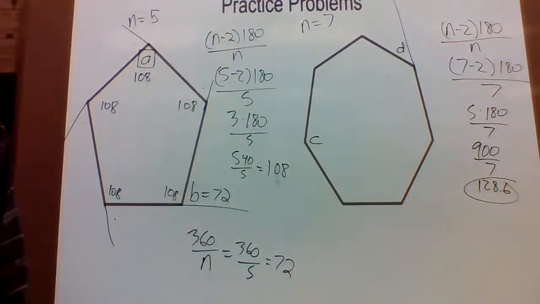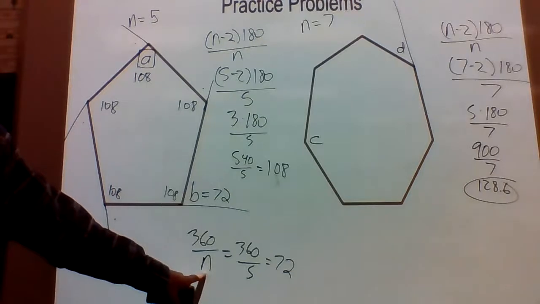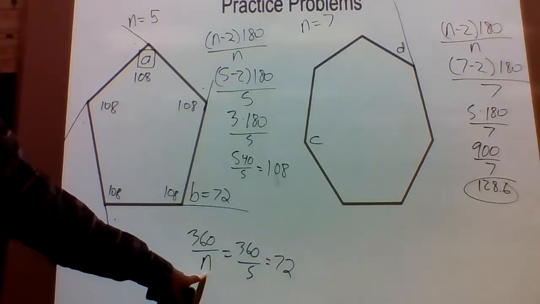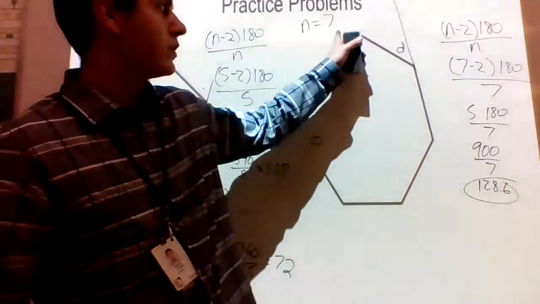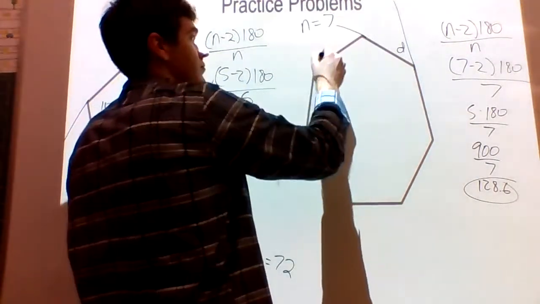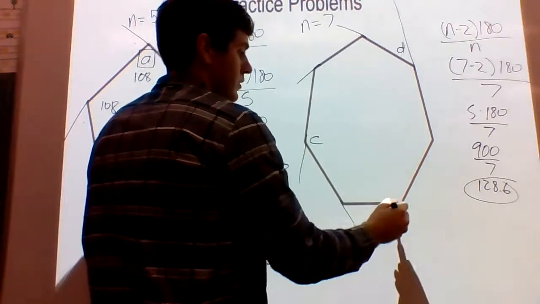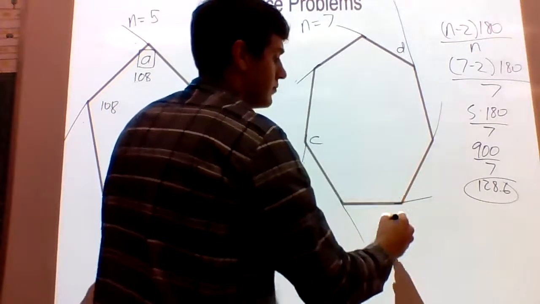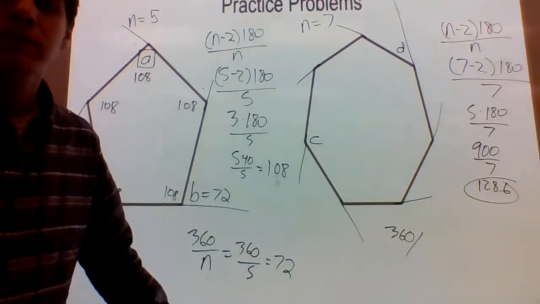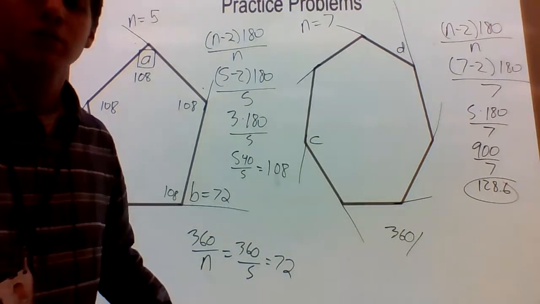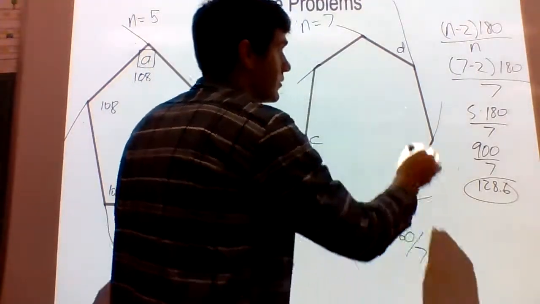Okay. Formula for our exterior angle is 360 divided by n, because the sum of all 7 exterior angles is going to be 360. To find each individual exterior angle, we have to divide by the number of exterior angles that there are, which is 7.